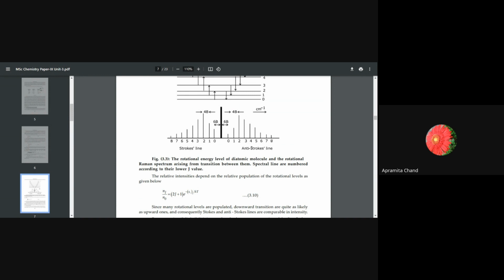Theoretically, Stokes and anti-Stokes lines should be comparable in intensity, because there are so many different rotational levels and the downward transitions are as likely as the upward ones. So they are theoretically comparable in intensity unless other factors are affecting it.